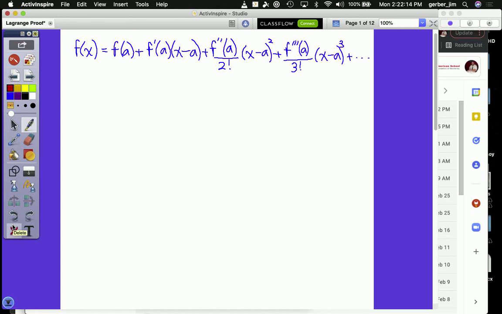But instead of going off to infinity, maybe I just take some chunk of the polynomial. And I can approximate f at x by using whatever amount of the polynomial I decide to use. So I use what we call an nth degree polynomial to approximate f at x.